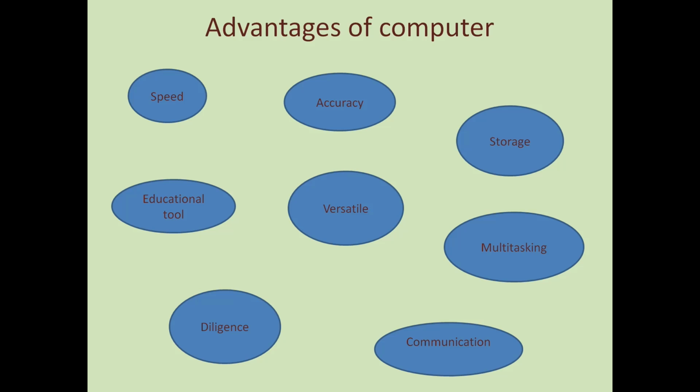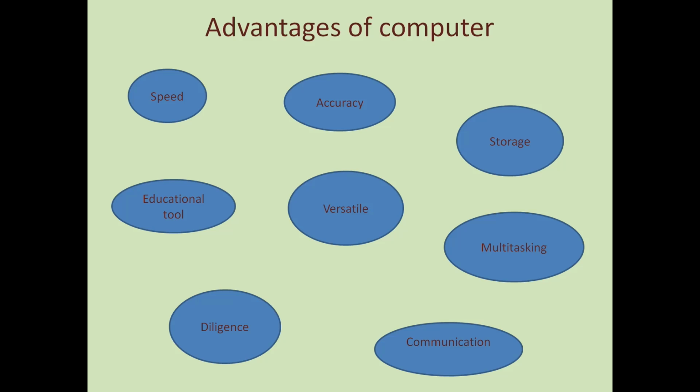When we talk about speed and accuracy, we know that computer works at a very high speed and also gives back result accurately. That's why people are using computers to perform different tasks quickly and easily. Not only it saves time and effort, but also reduces the overall cost to complete a particular task.